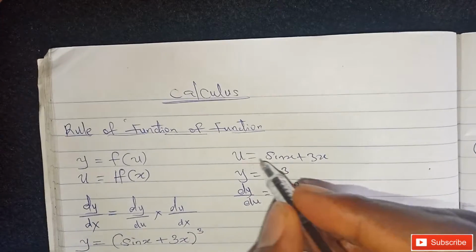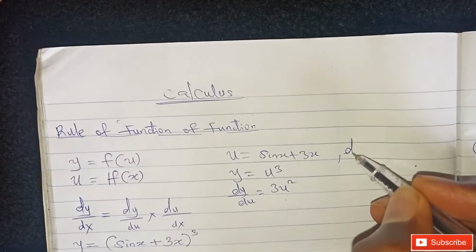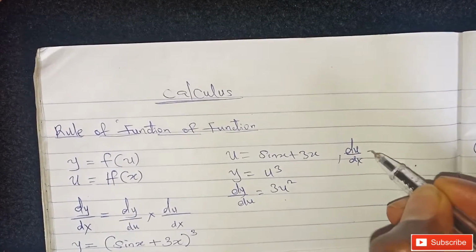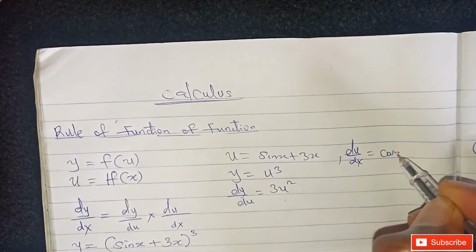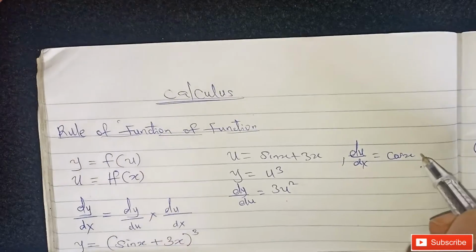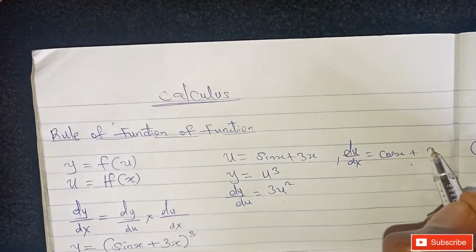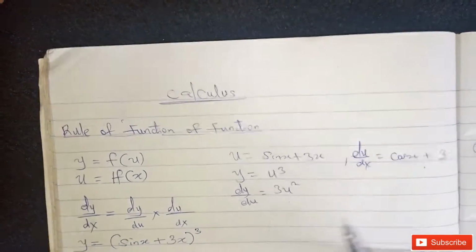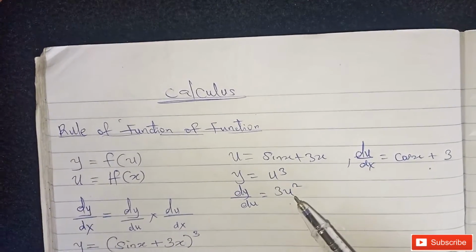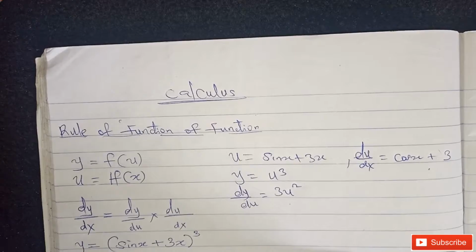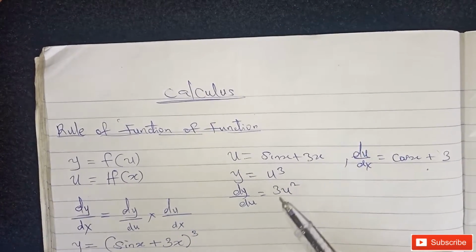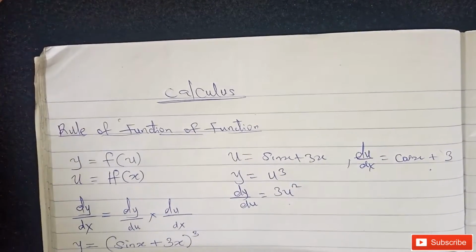Then you differentiate u with respect to x. du/dx will be equal to, if you differentiate sine, we have cosine, right? If you differentiate 3x, we just have 3. Then dy/dx will simply be multiplying these two, given by this equation. Then you substitute the value of u, which is sine x plus 3x.